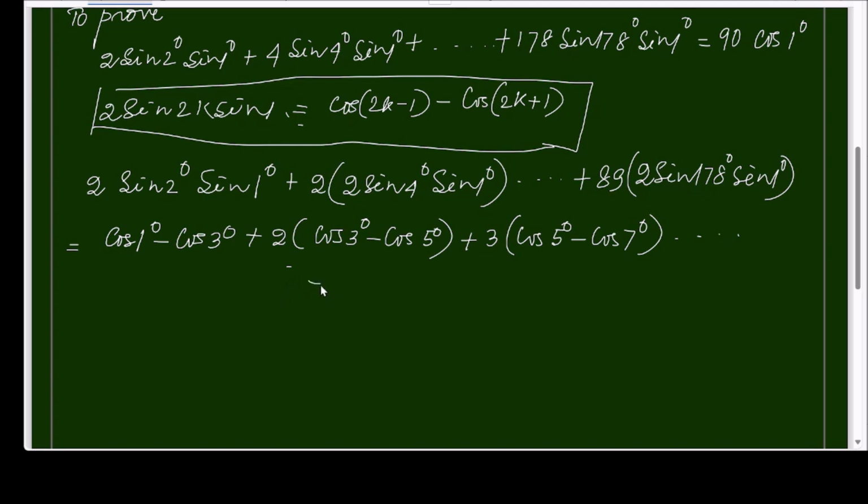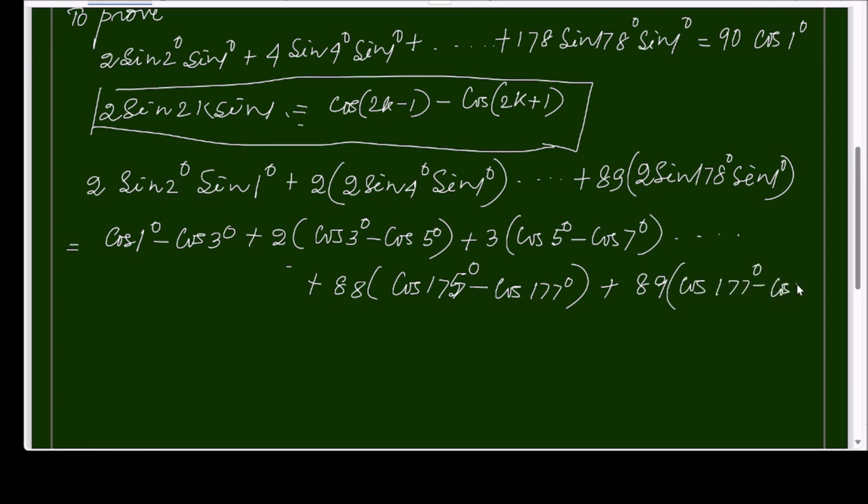It will be 88 times cos 175 degree minus cos 177 degree, and the last term will be 89 times cos 177 degree minus cos 179 degree.